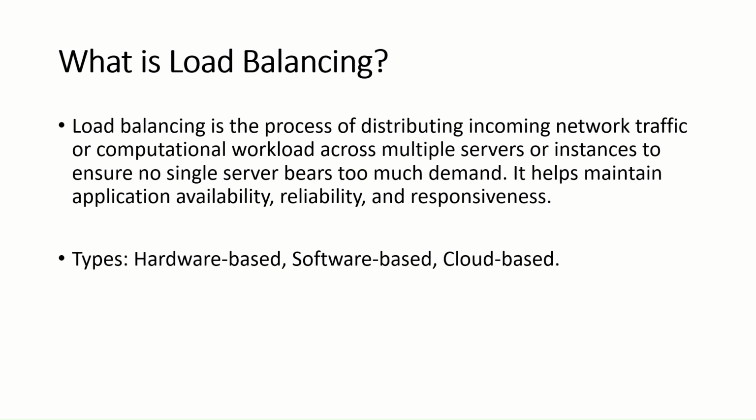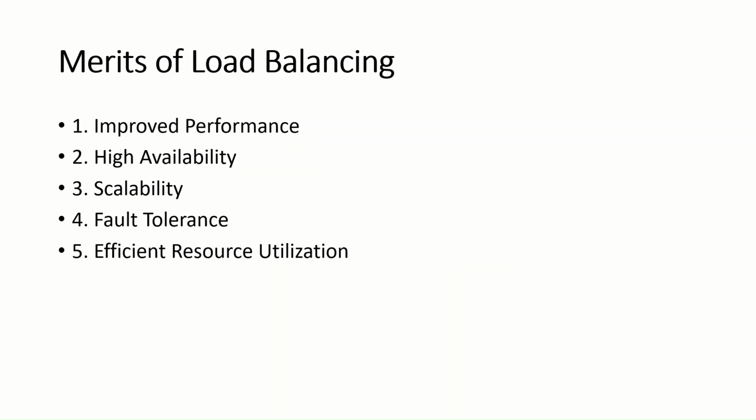So when you make your application load balanced, it will help your application to be highly available, reliable and responsive. This is what load balancing is. There are three types of load balancing you can do: hardware based, software based, and cloud based. Here we are going to see how we can do it in software. Now I'll go to the next slide to discuss the merits of load balancing.